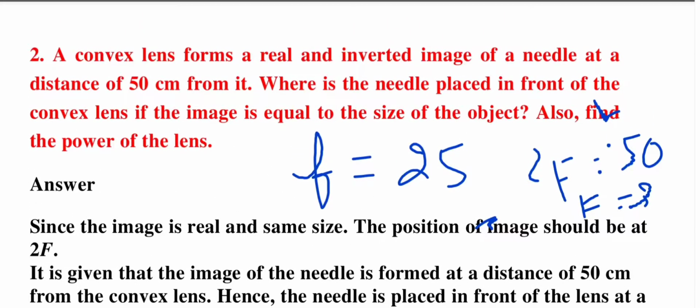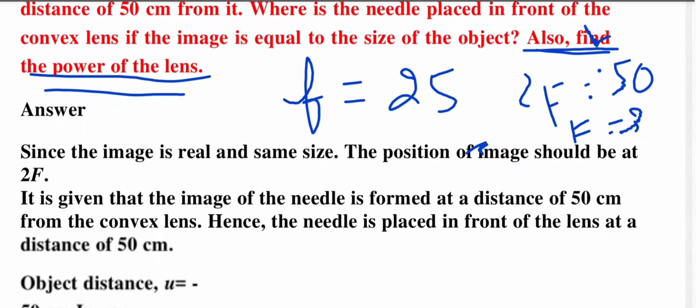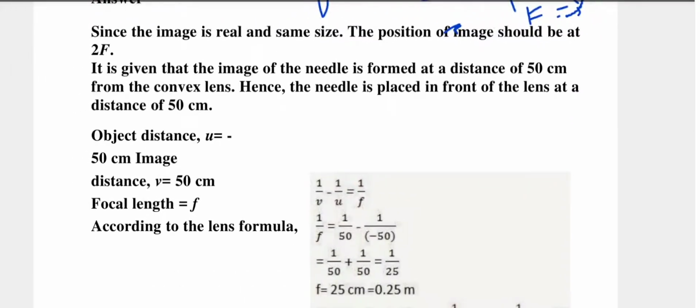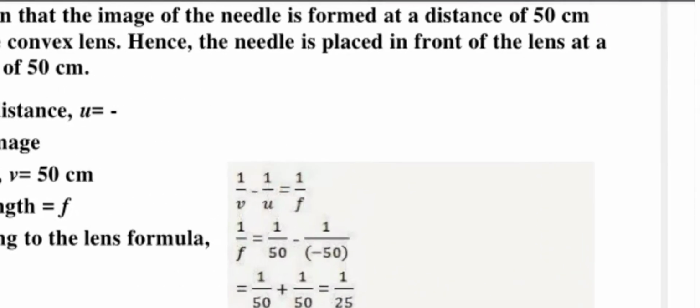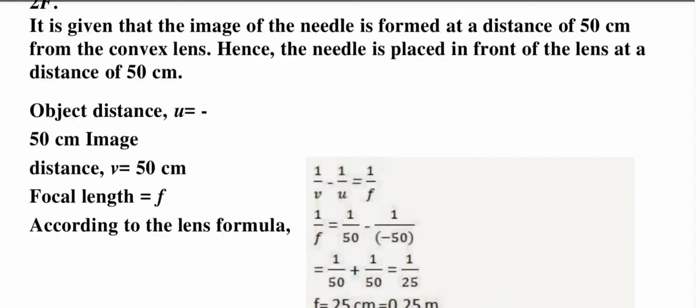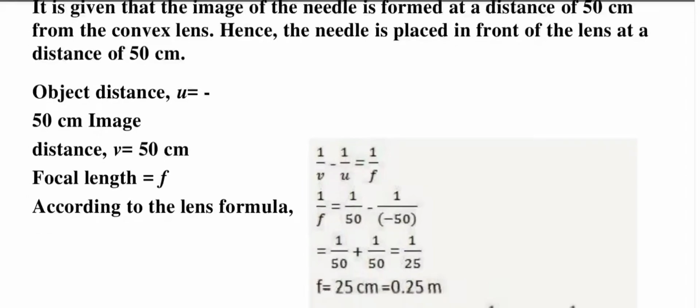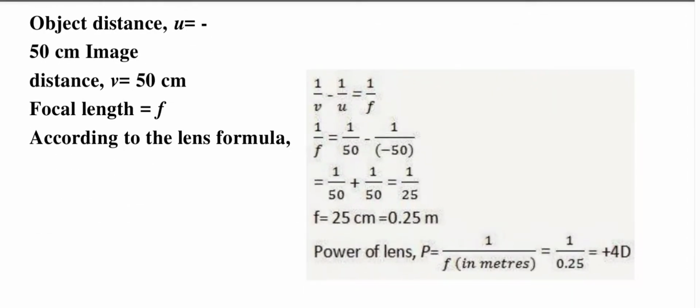They have asked one more question: also find the power of lens. We have to calculate power of lens in the same problem. We already know f, which is 25. We have 1 by f is equal to 1 by v minus 1 by u for lens.